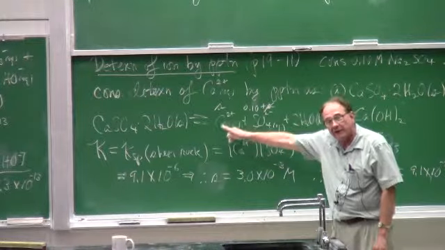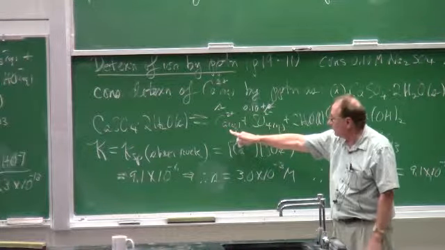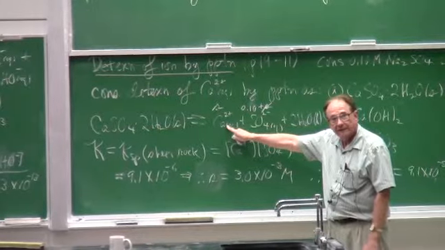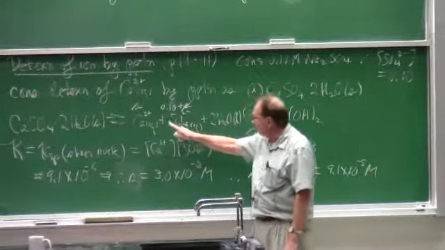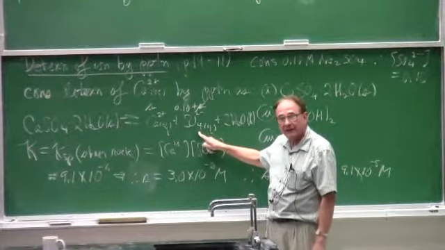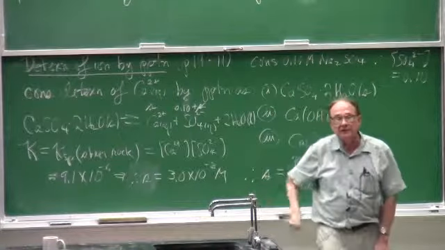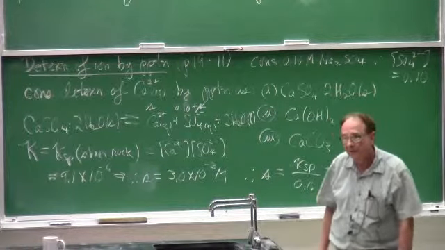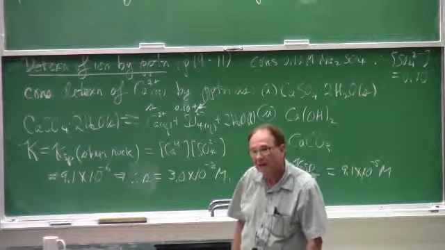So if I want to have an opportunity for a precipitate to form, then the calcium ion molarity multiplied times the sulfate ion molarity has got to be a number which compares how to KSP.